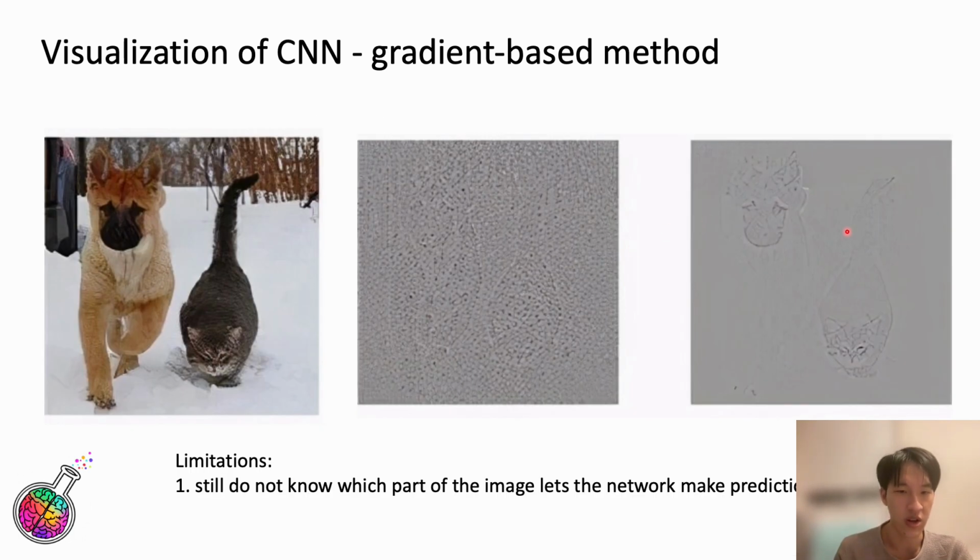As we can see here, the noise has been reduced a lot, and it shows the dog face and the cat face. But its limitation is that we do not know which part of the image lets the network make its prediction. Say we want to know which part of this image makes the network predict the cat, but the visualization shows both the dog and cat faces, which makes things hard.